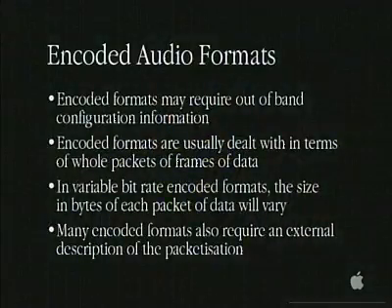MP3 data is a good example, where you have 1,152 samples in each packet, but the number of bytes that occupies is going to change from packet to packet. And when you start talking about the MPEG-4 formats, even more external description in terms of how the packets are broken up is also required to fully describe the data. And all the APIs that we've added to the audio converter in Jaguar fully support these mechanisms.